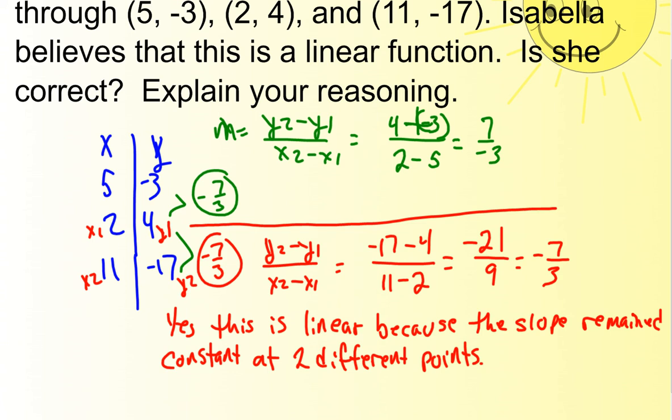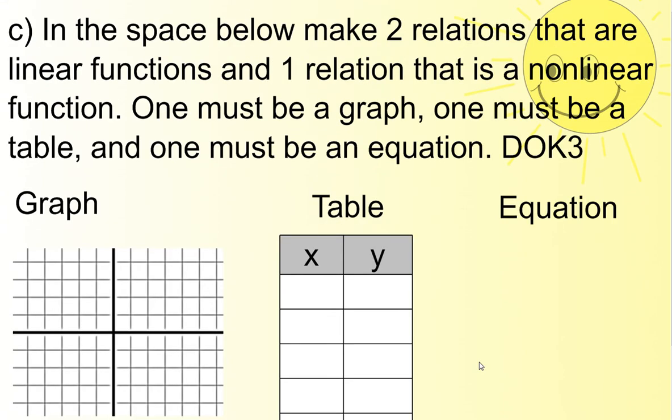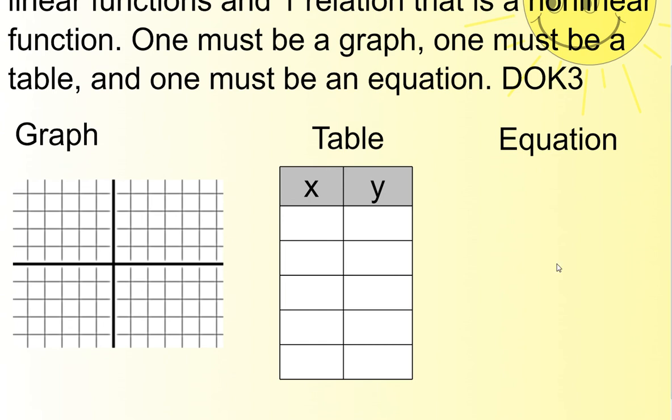And letter C. It says in the space below, make 2 relations that are linear functions and 1 relation that is a non-linear function. One must be a graph, one must be a table, and one must be an equation. So what I mean by that is, down here, you're going to make 2 things that are linear functions. So maybe you make the equation linear and the graph linear.